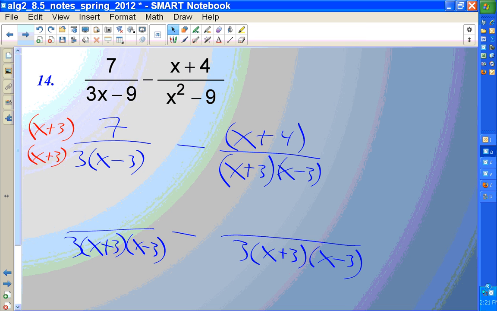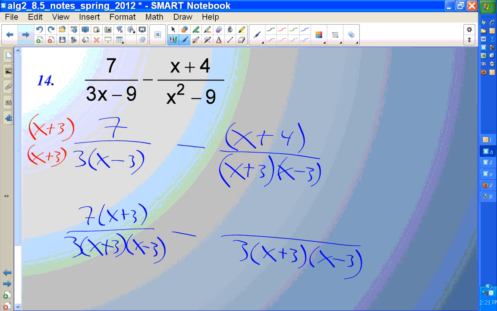So that's going to give me 7 times x plus 3. Now, you do not want to distribute or multiply what you get in these tops before you get them under one denominator.